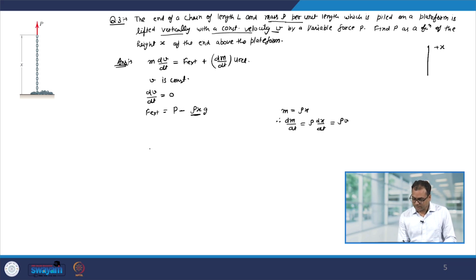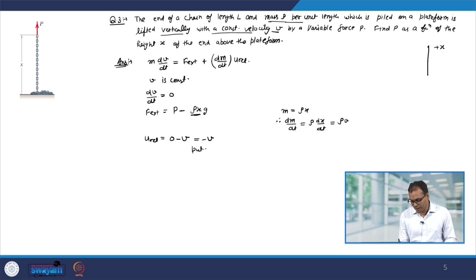Now, let us look at u rel. So, the relative velocity is the velocity of the smaller mass. The smaller mass is kept on the ground, on the platform. So, this is 0 minus the velocity of the bigger mass, which is moving with velocity v. So, 0 minus v, which is minus v.